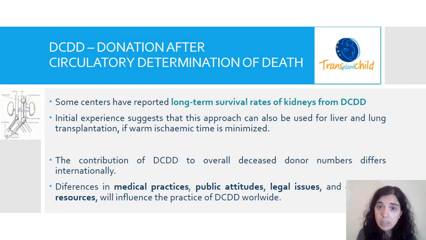Initial experience suggests that this approach can also be used for liver and lung transplantation if warm ischemic time is minimized. The contribution of DCDD to overall deceased donor numbers differs internationally. Differences in medical practice, public attitudes, legal issues, and economic resources will influence the practice of DCDD worldwide.